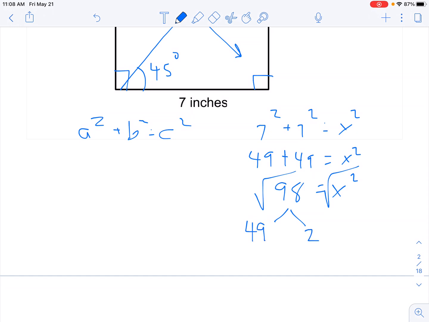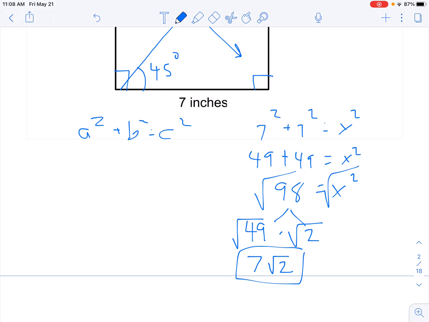So I could write the square root of 98 as the square root of 49 times the square root of 2. The square root of 49 is 7 times the square root of 2. And I could multiply that out on my calculator, 7 times the square root of 2, to get an answer.